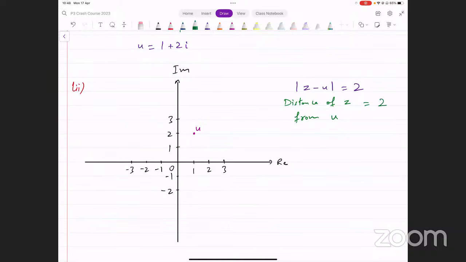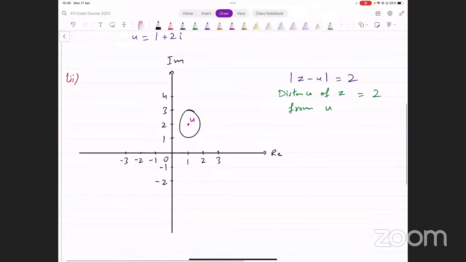So it's a point Z that can be anywhere at a distance of 2 units from the point U. So U is the reference point. From U, you can be 2 units away. What's the locus of that? It's a fixed distance from a point. The locus that you get in this case is going to be a circle of radius 2 and center at the point U.